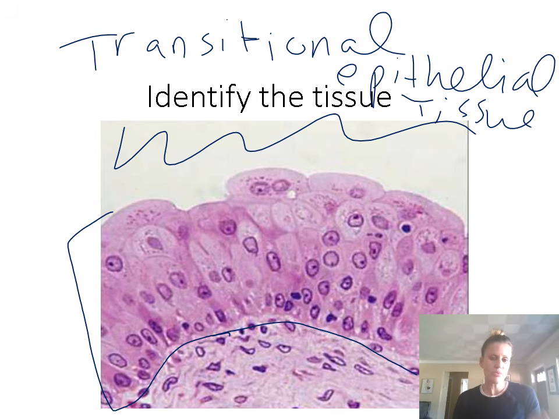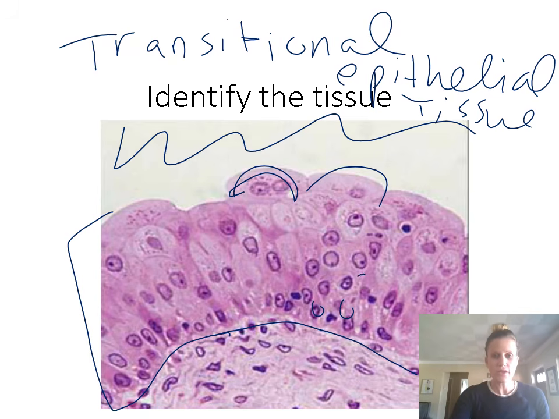There's a couple things you might confuse this with. You might want to say that it's stratified squamous, but these cells are not flat, right? Look at how rounded these cells are. You might want to say that this is pseudostratified, because when we look at pseudostratified columnar, you'll see nuclei that are kind of stacked like this.